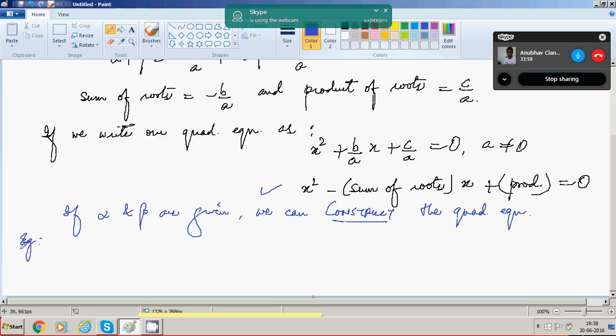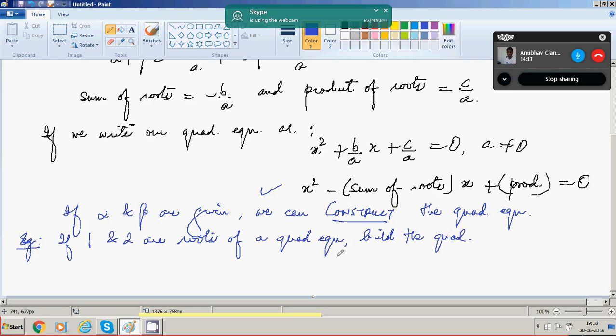Example, if 1 and 2 are roots of a quadratic equation, the simple question is to build the quadratic equation. What will you do? You will just say it is x minus 1 times x minus 2 equal to 0, which implies x squared minus 1 plus 2 times x plus 1 times 2 equal to 0.